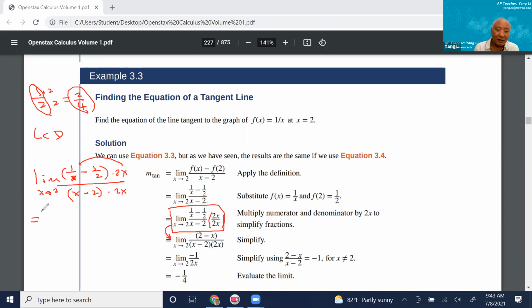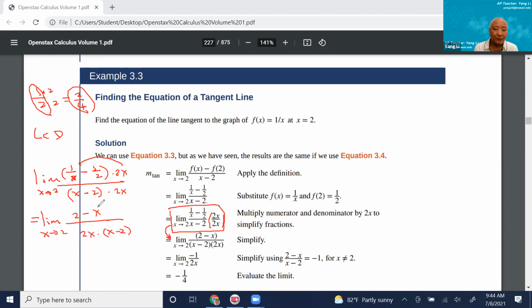So you will have, like this, limit as x approaches 2 of 2 minus x, divided by this one here. We can keep it like this, 2x and x minus 2.